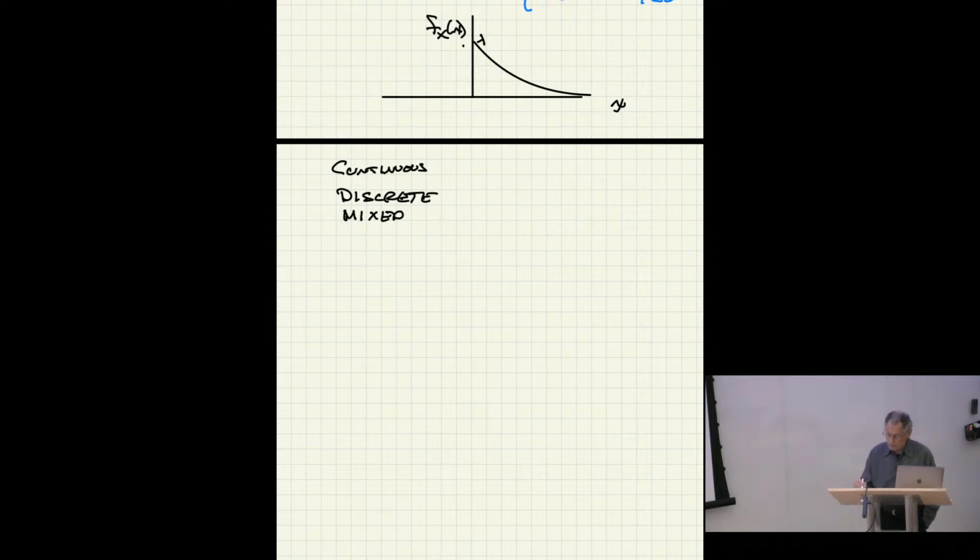An example of a mixed random variable would be the following. Let it be the life of an automobile. When you buy an automobile, it could be that it's dead on arrival. As soon as you buy it, it doesn't work. It's a really bad lemon. And let's say the probability of that is some number p. And it's an exponential lifetime if it's not dead on arrival.